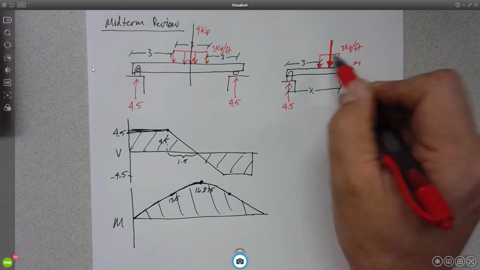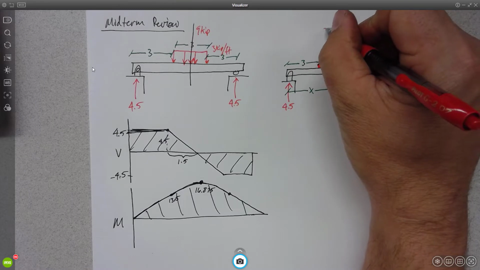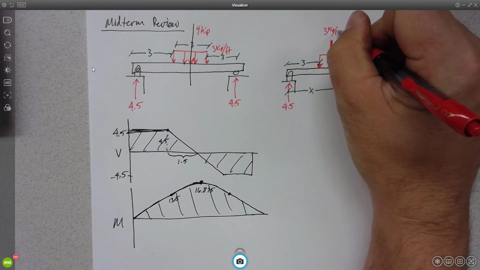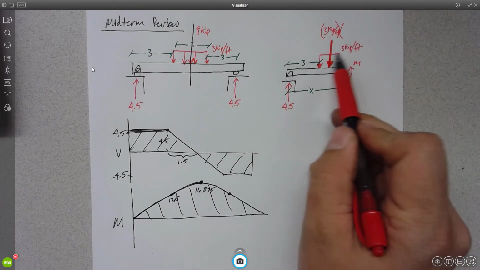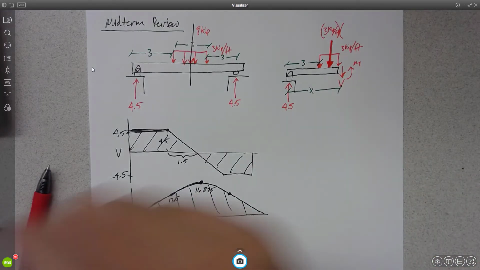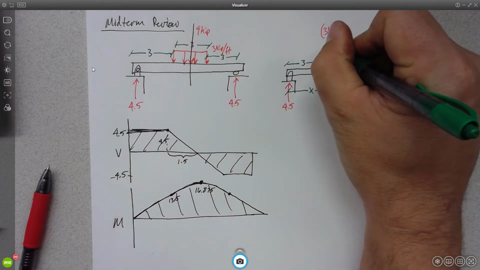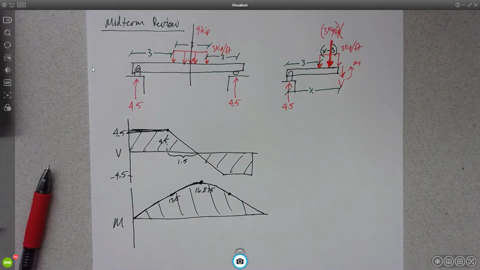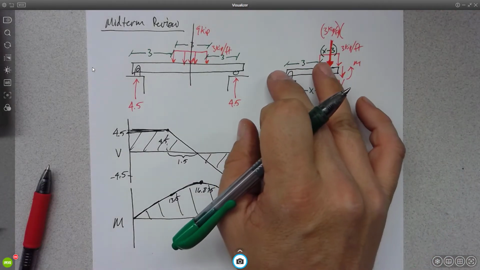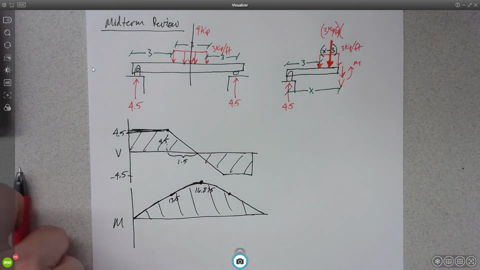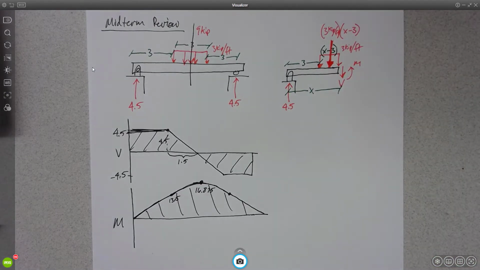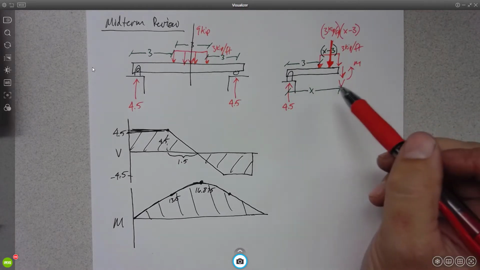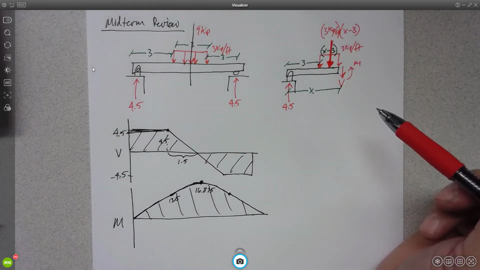So in this case, the magnitude of this force is going to be 3 kip per foot times whatever this length is. How do we get that length in terms of x? Exactly. We need to figure out that this is x minus 3. Because this is the whole length, and we take this away, that would leave us that little piece, x minus 3. If you cut it down the middle, wouldn't it be x take away 1.5? Sure. But right now, if we just want to write the equation for this region, this is how we'd have to do that.